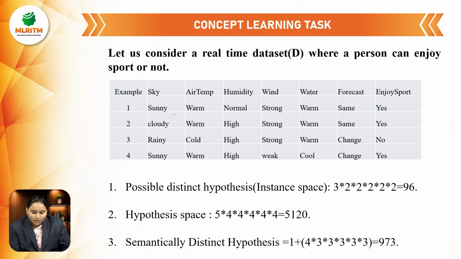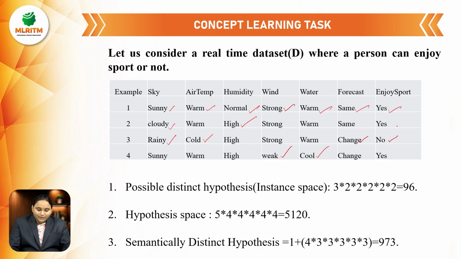Now, coming to the example, Sky contains three values: sunny, cloudy and rainy. Air temp contains two values: warm and cold. Humidity contains normal and high. Wind contains strong and weak. Water contains warm and cool. Forecast contains same and change. Enjoy sport is yes and no.